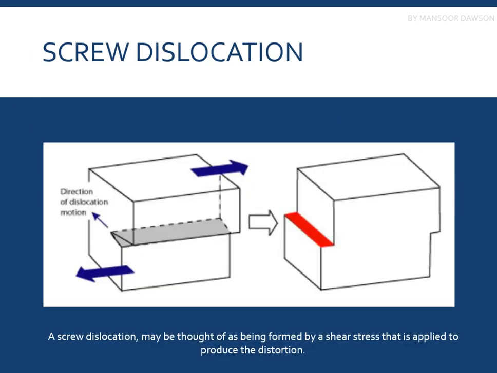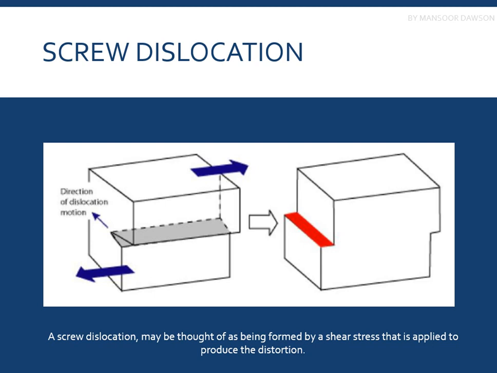Next we have a screw dislocation. In a screw dislocation, usually a shear force is applied. You can see that the lattice is being torn out. A screw dislocation may be thought of as being formed by a shear stress that is applied to produce the distortion.